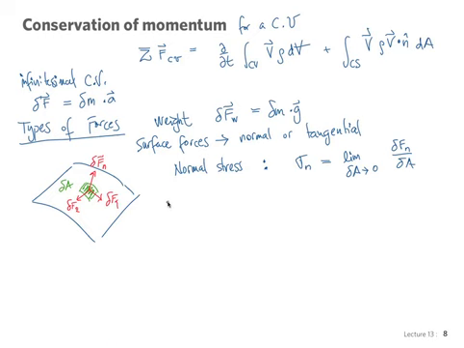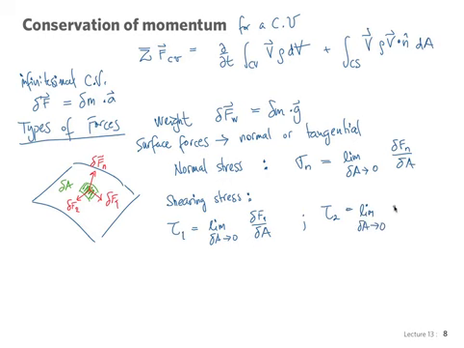For the tangential stress, or shearing stress, we have two components, and we use tau for shear. Tau 1 is equal to the limit when the differential of area tends to zero of this force dF1 divided by the area, and tau 2 is equal to the limit, as delta A tends to zero, of dF2 over the area, force divided by area.